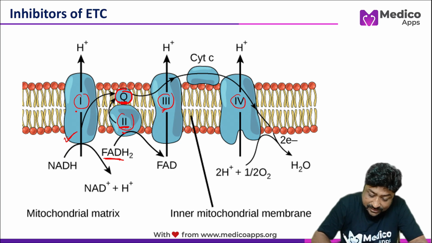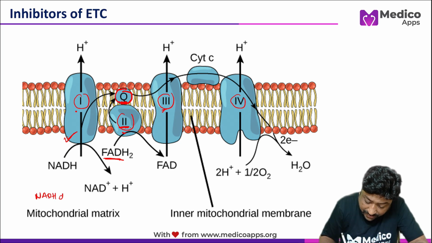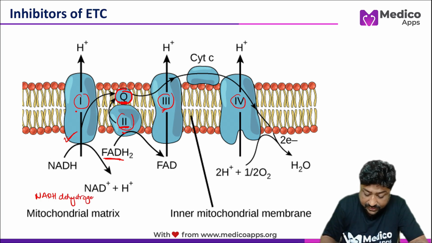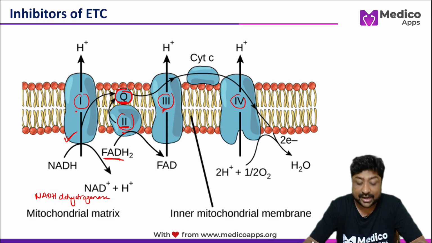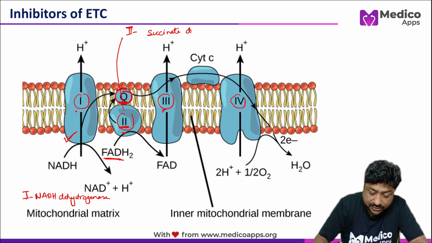So the first is very simple. Complex 1 is called NADH dehydrogenase. What about complex 2? Complex 2 is called succinate dehydrogenase.